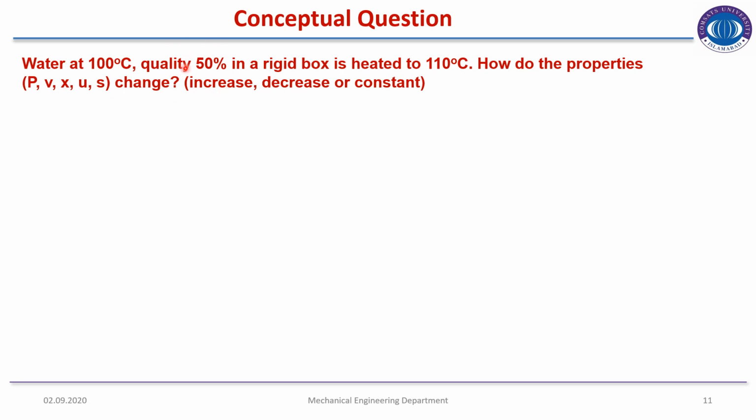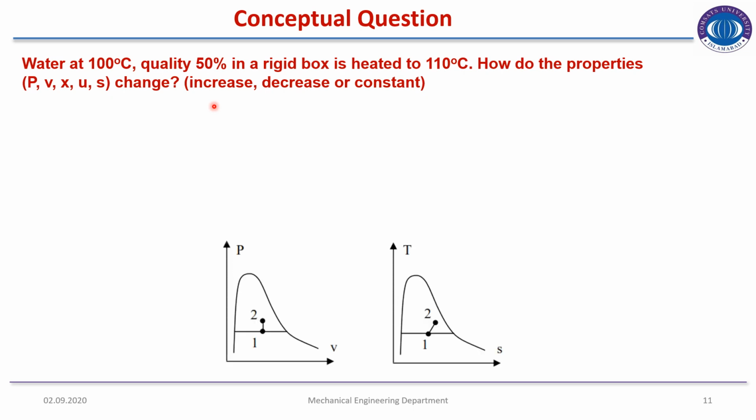So for 50%, that region lies under the dome and it contains 50% vapor and 50% saturated liquid. It is a mixture of liquid and vapor. So here the PV and TS diagrams are represented.